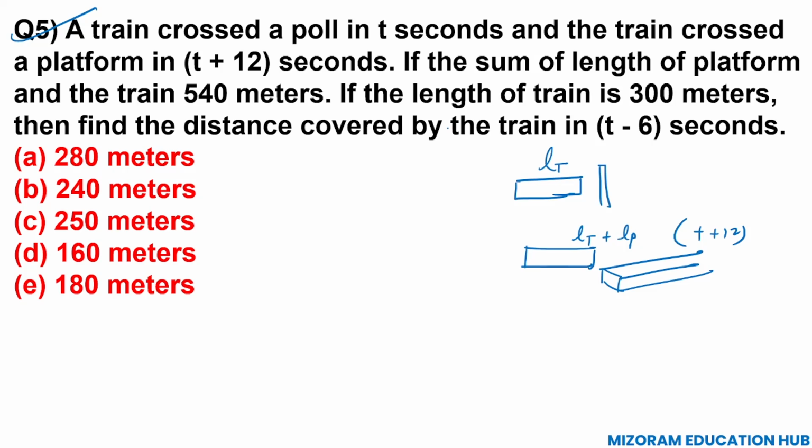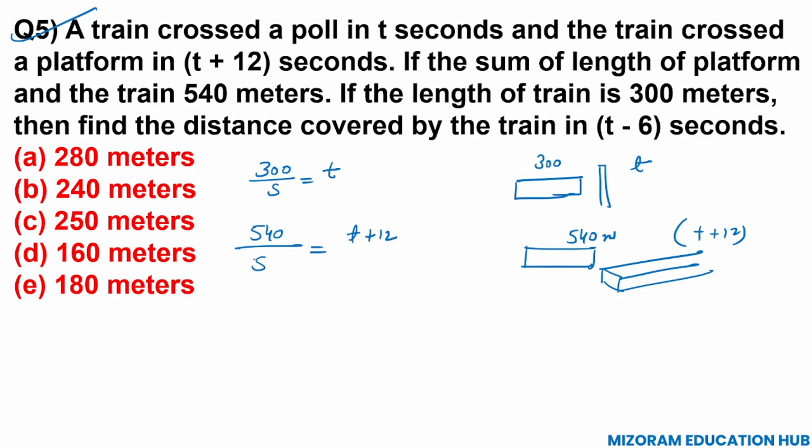The sum of the lengths is given, and the length of the train is also given. Whenever a train crosses another body which has length, we always add the length to the train.